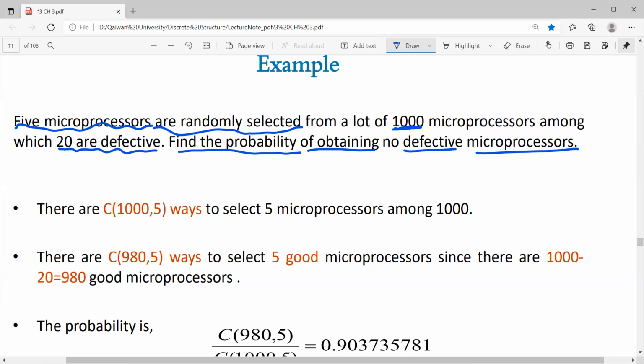So in this case, we have combination of 1,000 and 5. We choose 5 from 1,000.